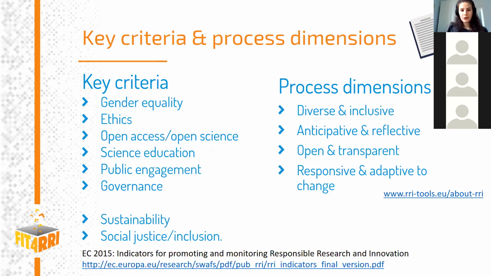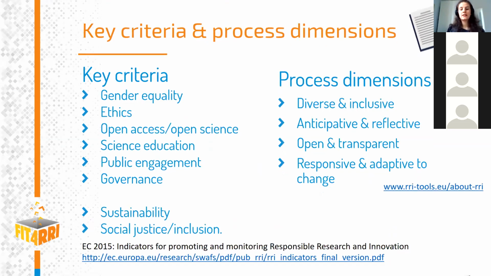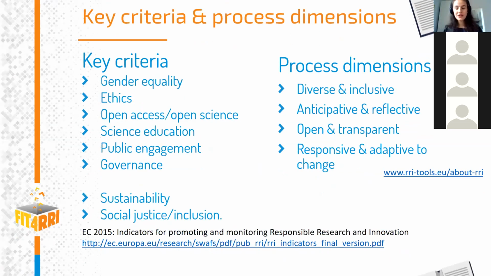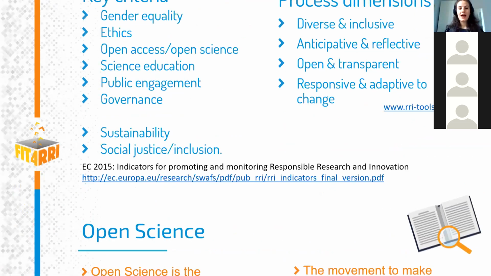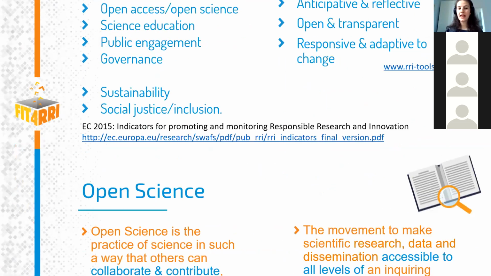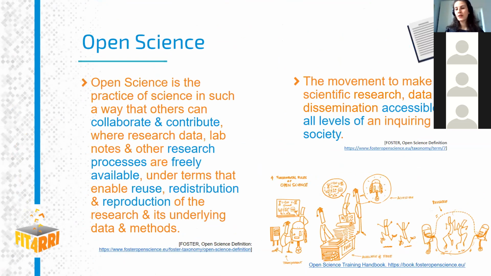So this is in short what RRI means, and I also have some definitions of open science for you. So we can say that open science is the practice of science in such a way that others can collaborate and contribute, because all research processes such as methods and notes and data are available, and the terms under which they are available allow the reuse, redistribution, and reproduction.